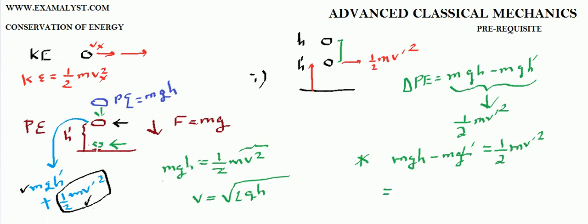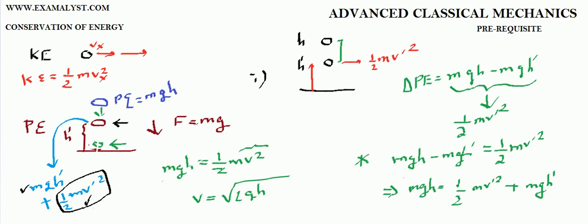If we do a little bit of algebraic manipulation, we find that m g h equals half m v dash square plus m g h dash. This is the kinetic energy, and we get m g h dash. So amazingly, you see an interesting thing, that the total energy is always the same.